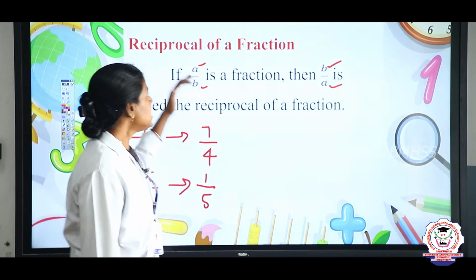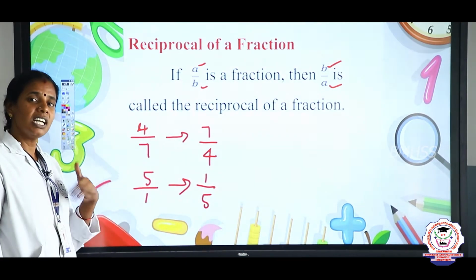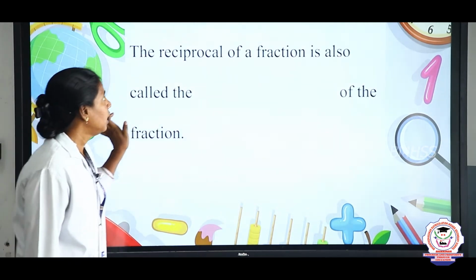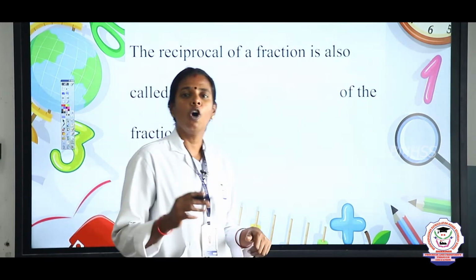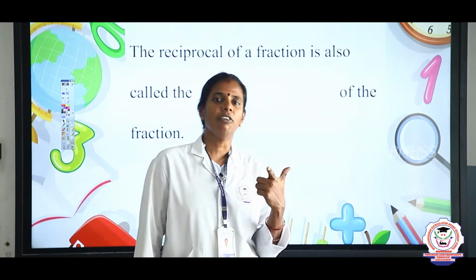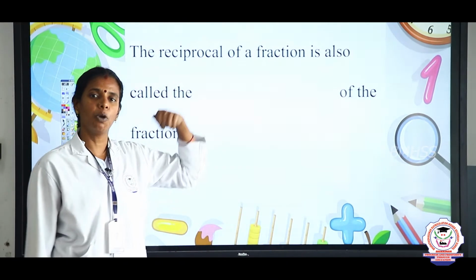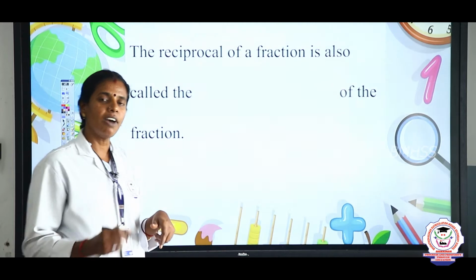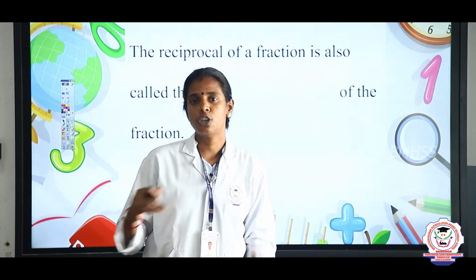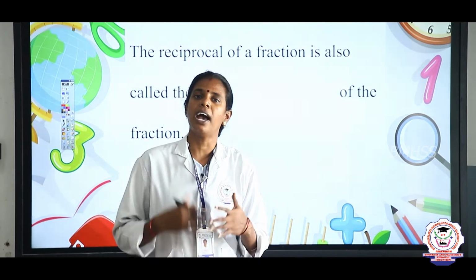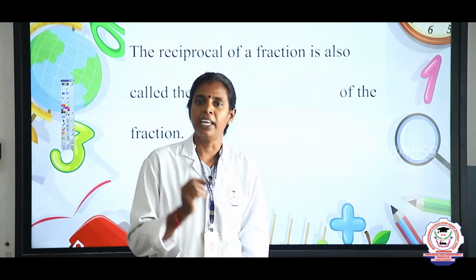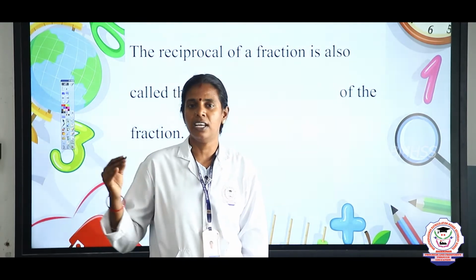Okay. There is another name for the reciprocal. What is the other name for the reciprocal of a fraction? See, the reciprocal of a fraction is also called the multiplicative inverse. So, multiplicative inverse is the other name for the reciprocal of the fraction. See, instead of asking the question like 'the reciprocal of 9 by 7 is dash', instead of the word reciprocal, they may ask 'the multiplicative inverse of 9 by 7 is dash' also, children.